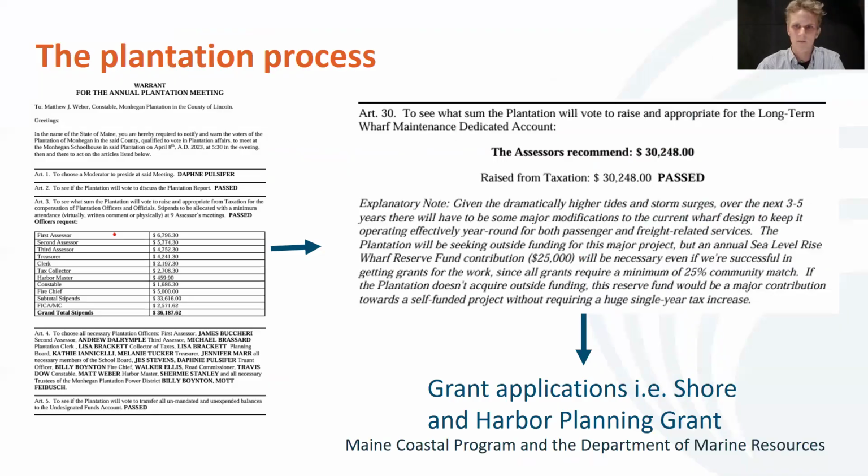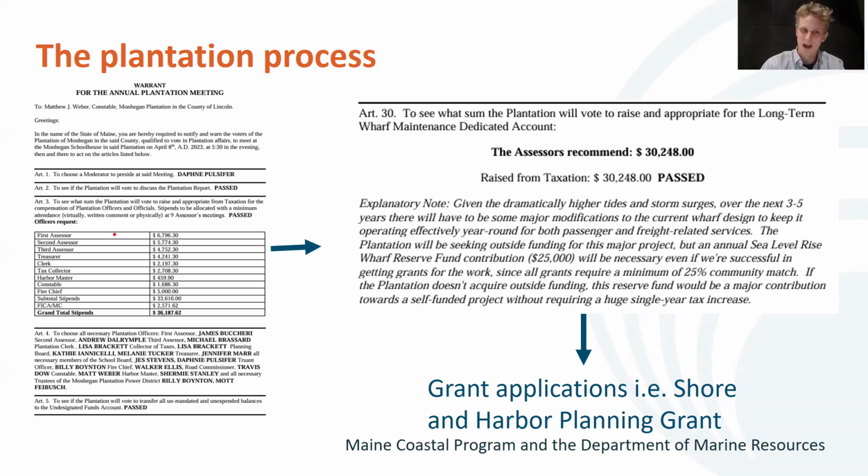Thank you. The plantation, it was pretty straightforward. In 2023, this is the first year they did that. They did it again in 2024. They moved reserve accounts, knowing that the wharf and breakwater would need to be repaired, not realizing that the 2024 storms were imminent. The assessors just had to motion to create a reserve fund.